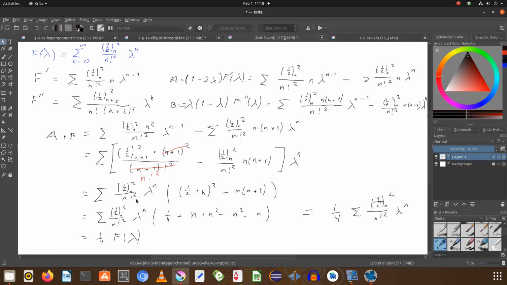And we put all we can outside the parentheses, and then this is all that's left. And I was able to simplify that to 1/4. And that was what we had to derive. So in the end, I was able to do it.